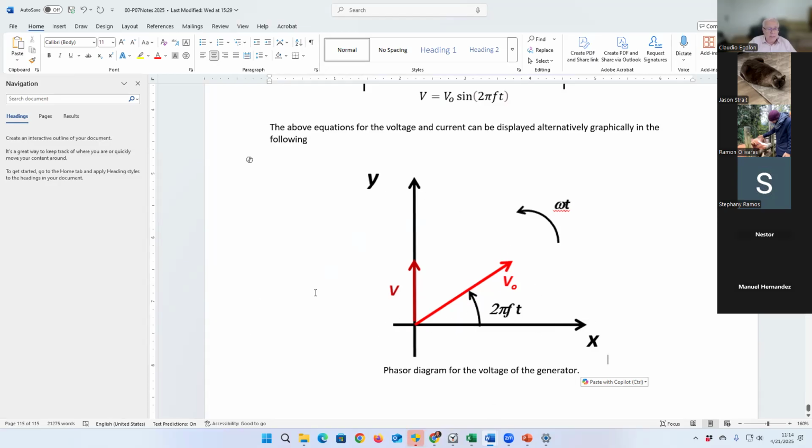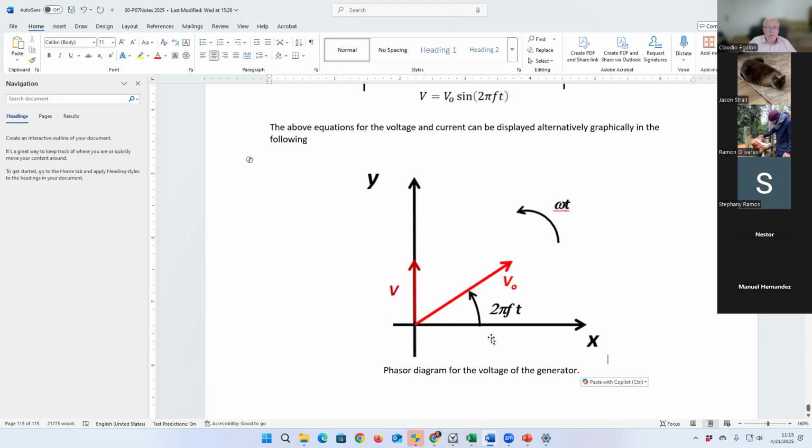And this vector is rotating as time goes by. The projection of this vector along the y-axis is the actual voltage. You see that? Here you go. This V that you see here corresponds to the projection of the vector on the y-axis. V naught is the whole vector length.